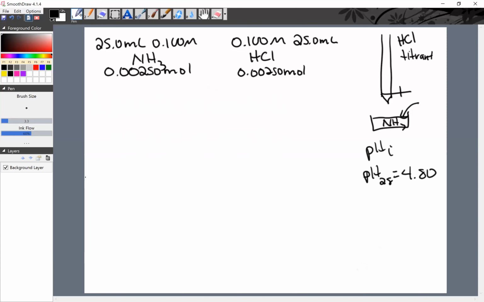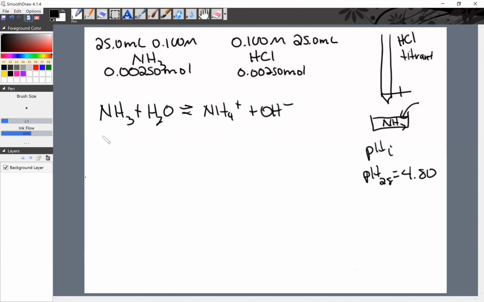So if I'm initial, there's only ammonia floating around with that water to make ammonium and hydroxide. Well, how much? Okay, now in this case, I don't need to be in moles because there's only ammonia floating around.